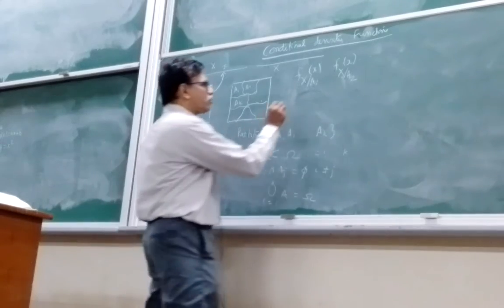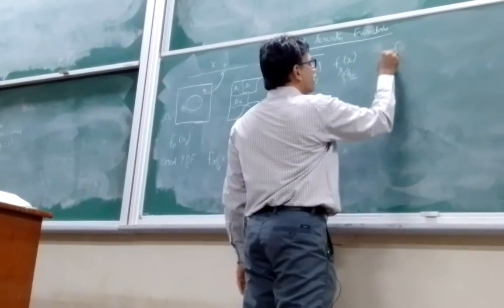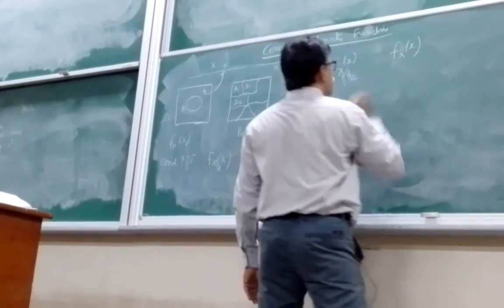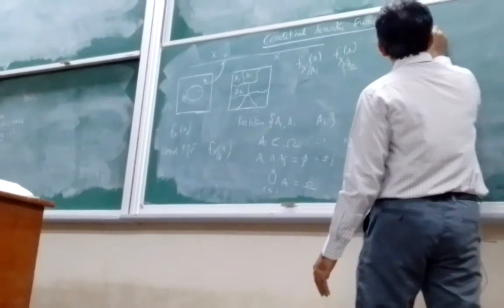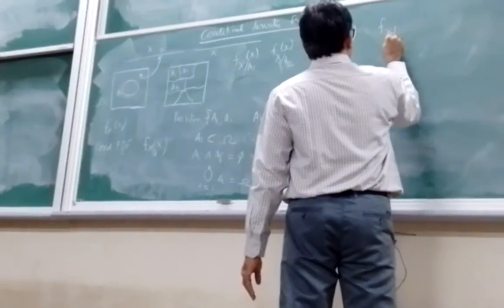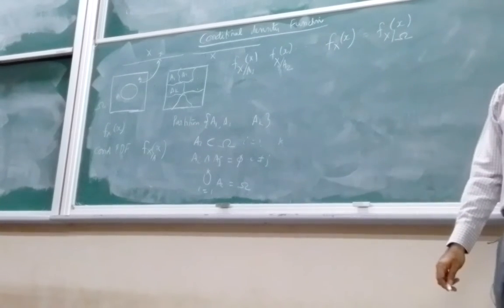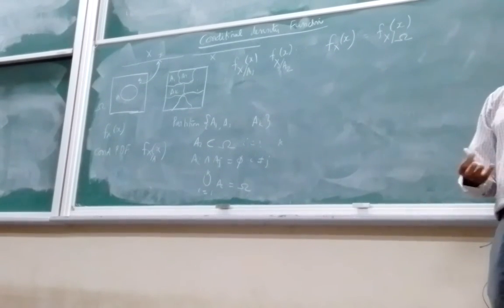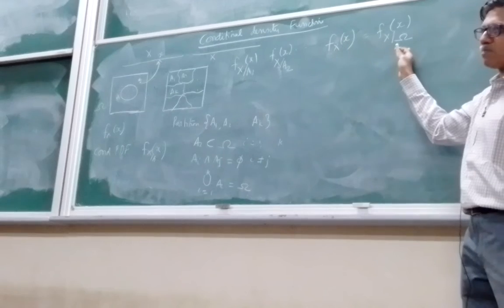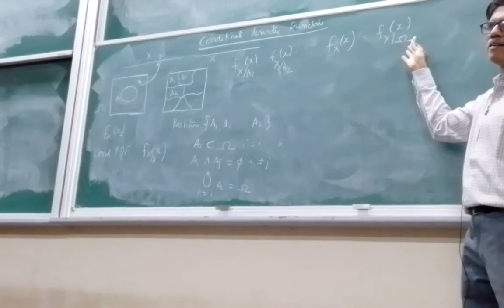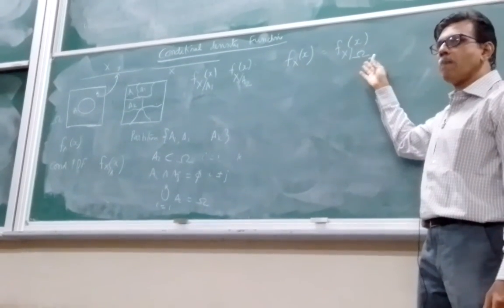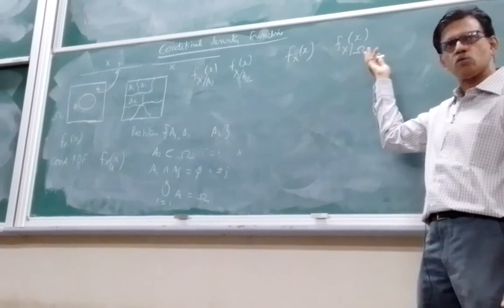Then it should be very clear that fX(x), I can write it as fX of x given the sample space, which means it is the same, because this condition doesn't add anything. It says a sample point in the sample space would have occurred, and it is always true.